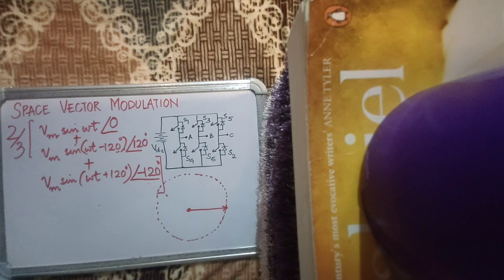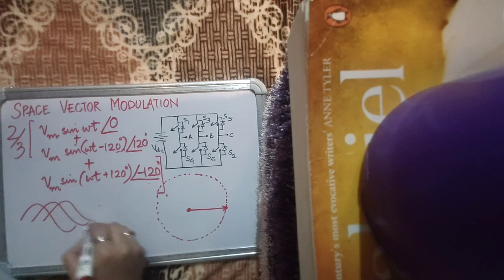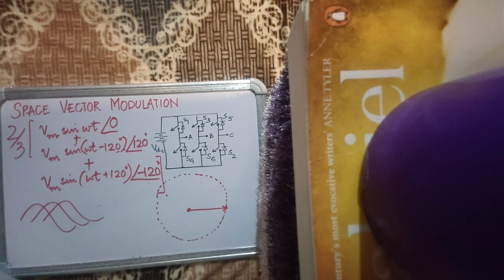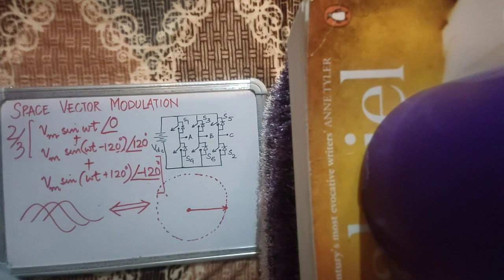So basically, why did we generate this? To simplify our modulation. We have a set of three-phase signals, three signals with some given frequency and some given phase, and they can now be interchangeably denoted through one quantity, through one vector.